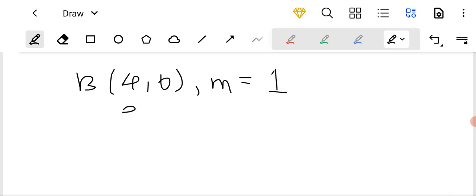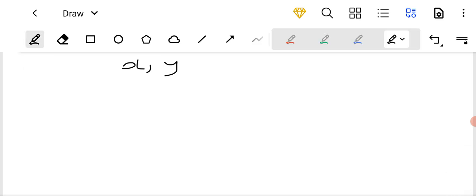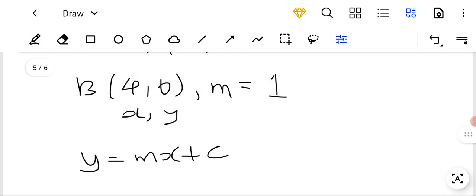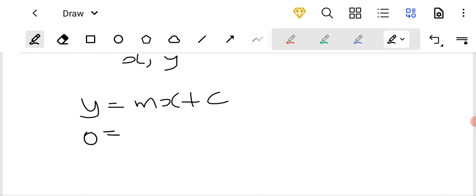You only need this coordinate and the gradient. So you say x, y, and you can use the slope or gradient intercept form. y is equal to mx plus c. Simple as that. And then since I've said x, y there, it's going to become what? Where there's a y, you put a 0, m, which is 1, x, which is 4, plus c.